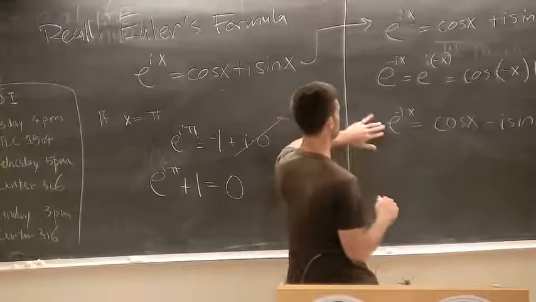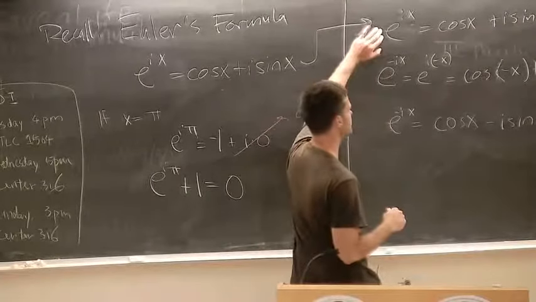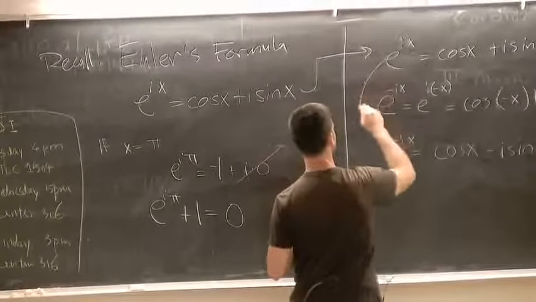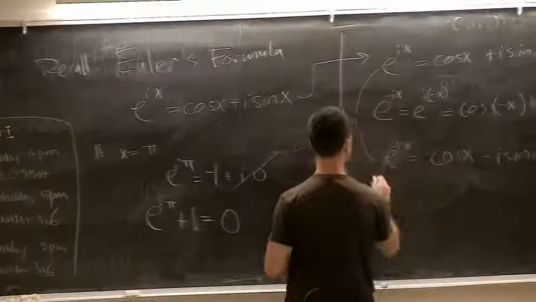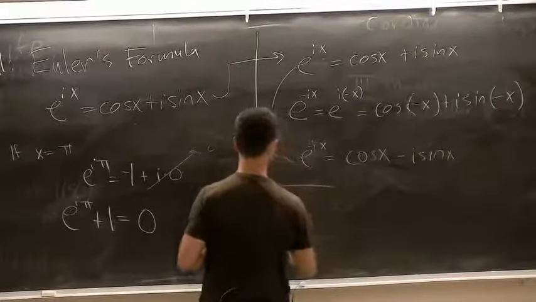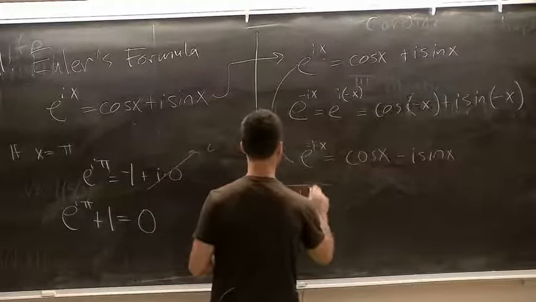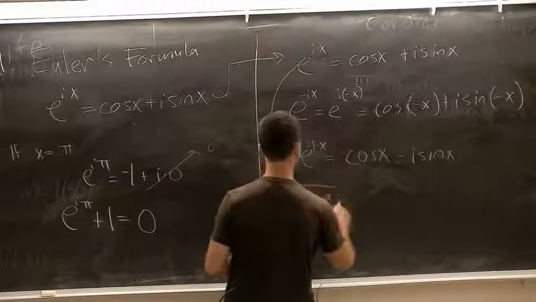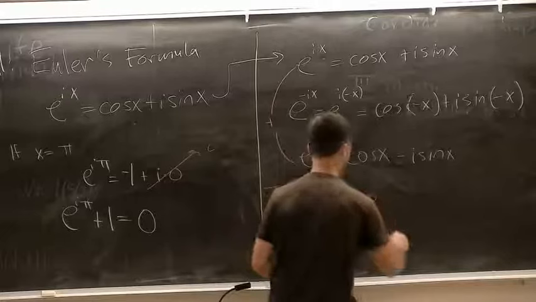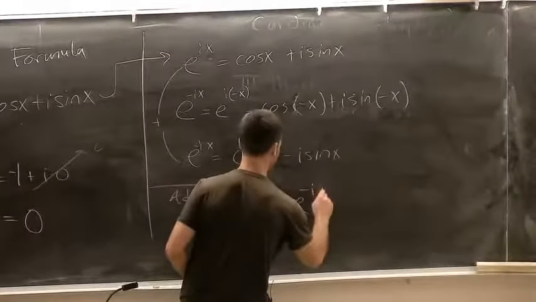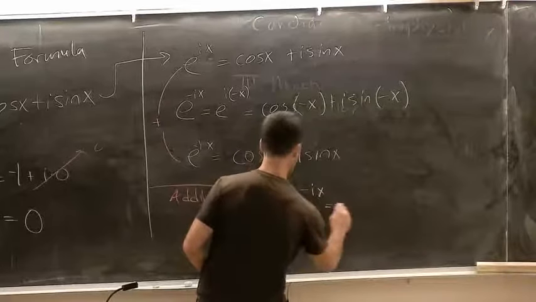And the reason I wrote this below this equation is because I'm now going to add these two. So this guy plus this guy, adding these two, I get e to the ix plus e to the negative ix.